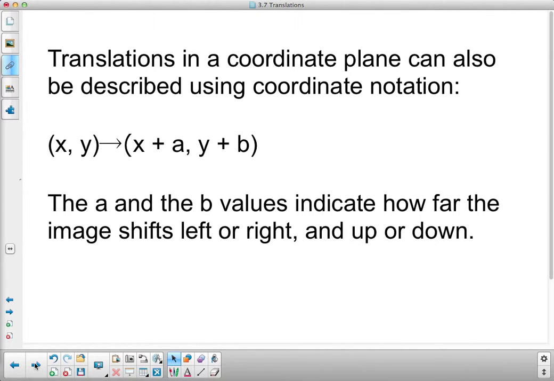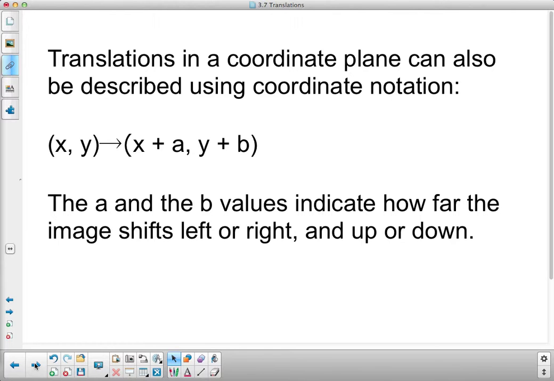All right, now we're going to put some on graph paper, and there's some notation that we can use related to the graphing. So in your notes, I've got some down here. Translations in a coordinate plane can also be described using coordinate notation.